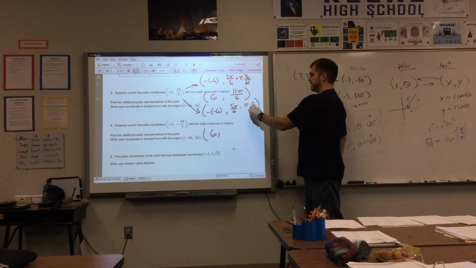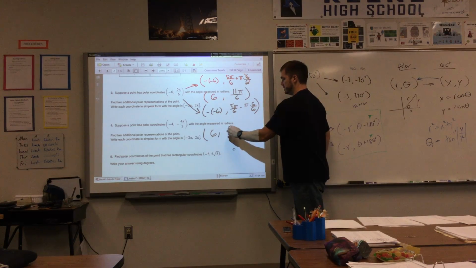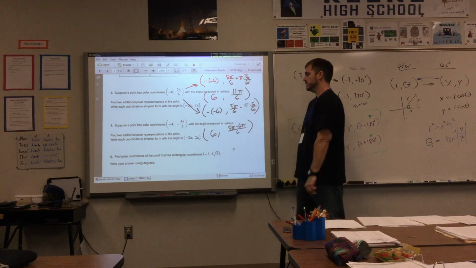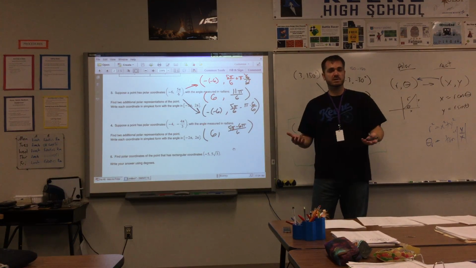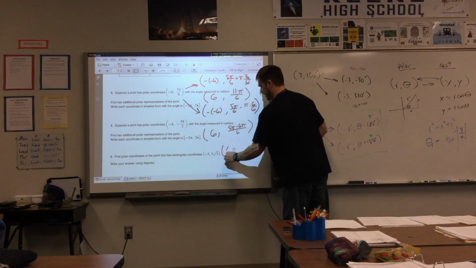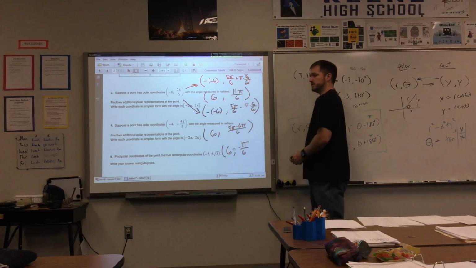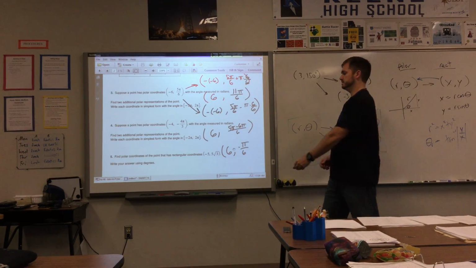I shall multiply this by 6 over 6. So I have 5 pi minus 6 pi all over 6. Somebody help me, what's 5 pi minus 6 pi? Negative pi. So 6 comma negative pi over 6, or negative 1 pi over 6.